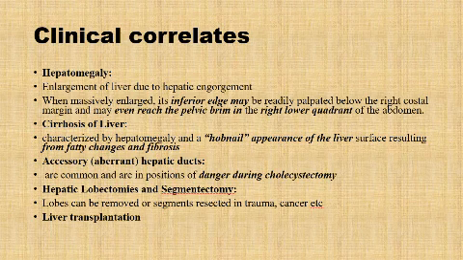If there is a cancer which infects one segment, you can remove it by segmentectomy, so that the liver can regenerate and continue its function. Lobes or segments can be removed in trauma and cancer. Then liver transplantation.